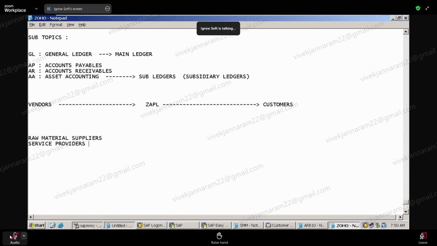Who else will come? What about employees? Employees of Zoho Automobiles. Can I call them vendors? One accountant working in the company, the accountant working in ZAPL.